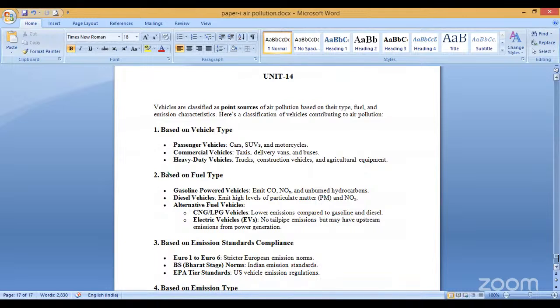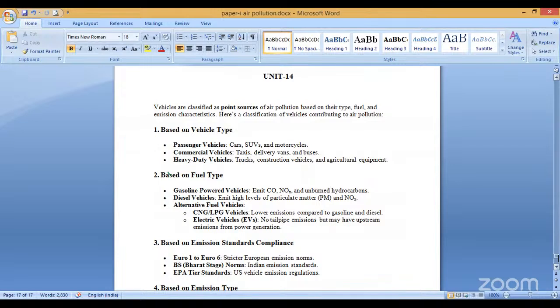Next one is Unit 4. Vehicles are classified as point sources of air pollution based on their type, fuel, and emission characteristics. Here, as a classification of vehicles contributing to air pollution, based on vehicle type: the passenger vehicles, cars, SUVs, and motor vehicles.